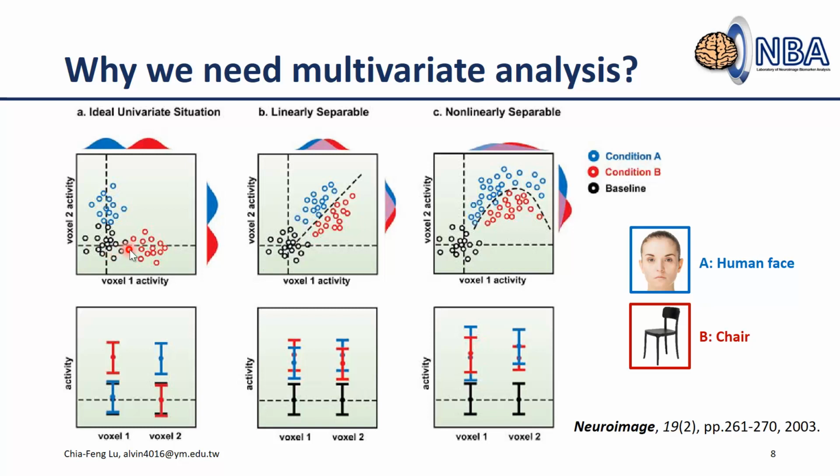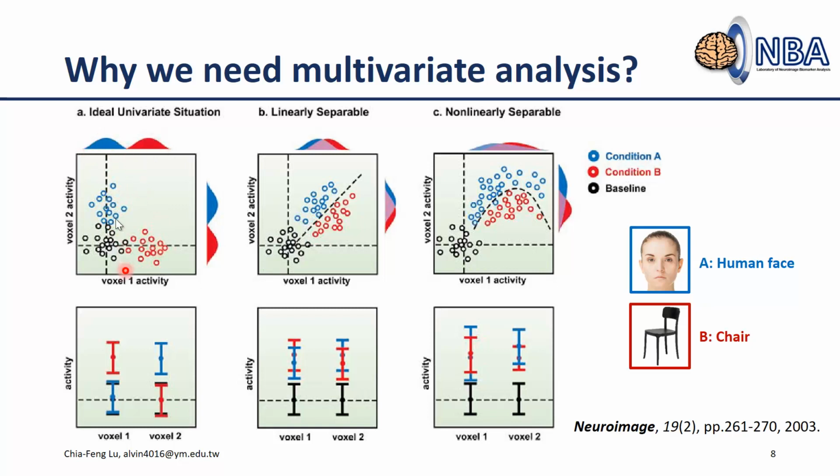However, when you induce a stimulus, for example the human face, voxel 2 will increase its activity, but voxel 1 may remain at a similar activity compared to the baseline. In the other case, for the chair, it may increase the activity in voxel 1 but maintain a similar activity in voxel 2.